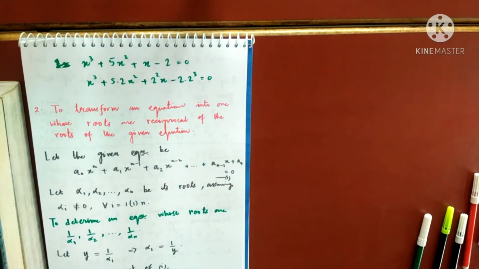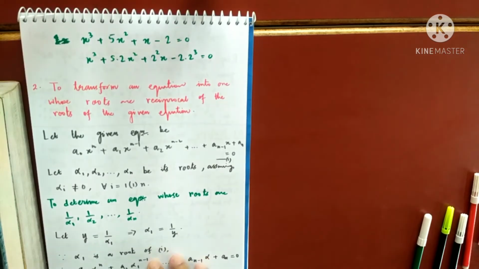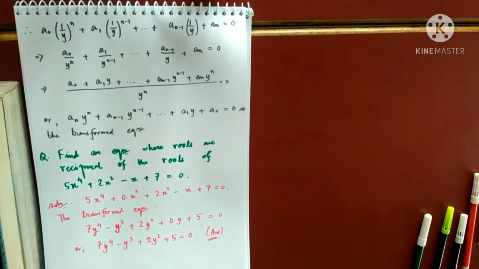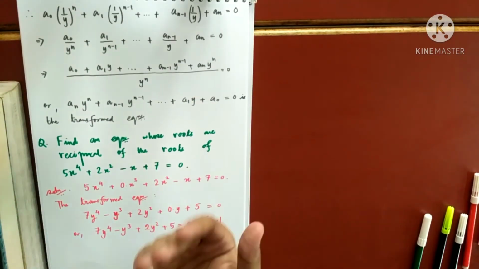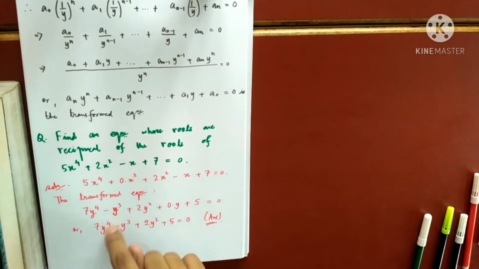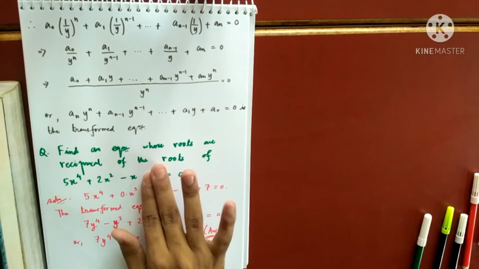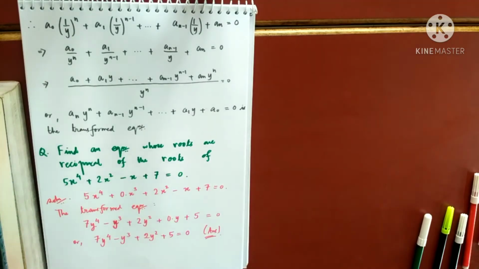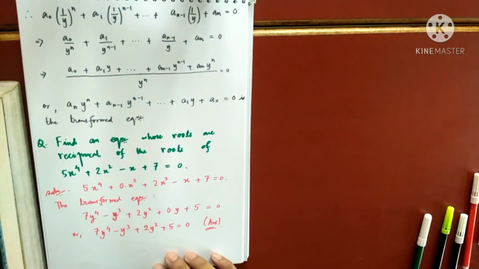But I am not considering that case, because I am assuming that none of the roots is 0. So an cannot be 0, keep that in mind. So you will get a transformed equation of degree n only. It was of degree 4, I am getting a degree 4. Because if 7 was not there, I can take x common, and then 0 will be a root, and then I will not talk about the reciprocal roots.